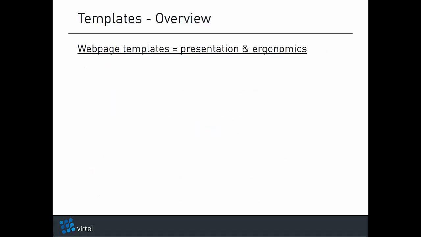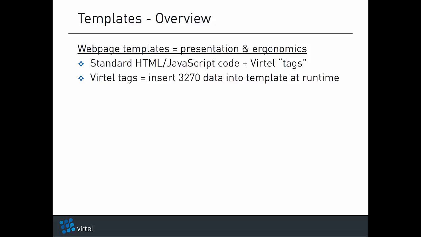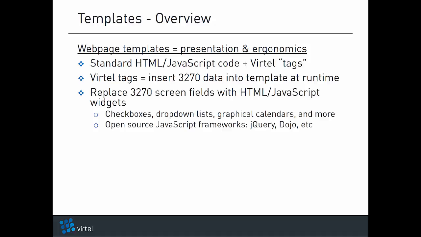Now let's review the Virtel templates used to control the web page presentation and ergonomics. Virtel templates are a mix of HTML JavaScript code and Virtel data insertion tags. At runtime, Virtel relies on those data insertion tags to insert the 3270 data coming from the host application into the web page templates.